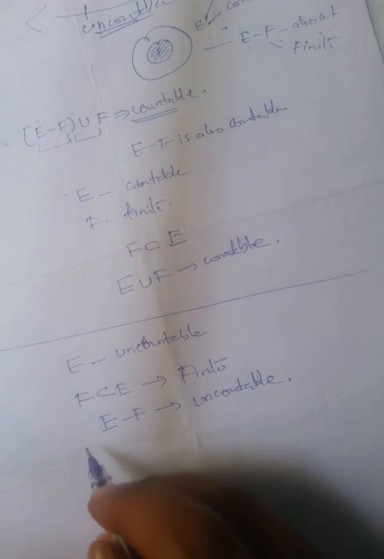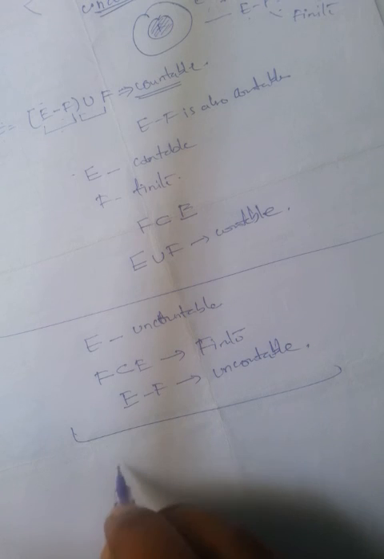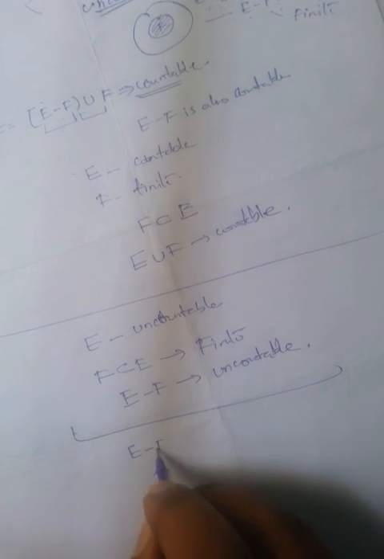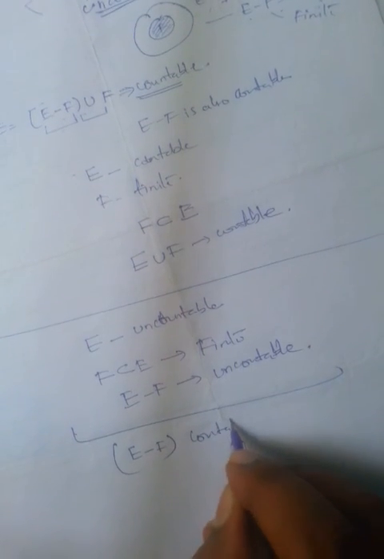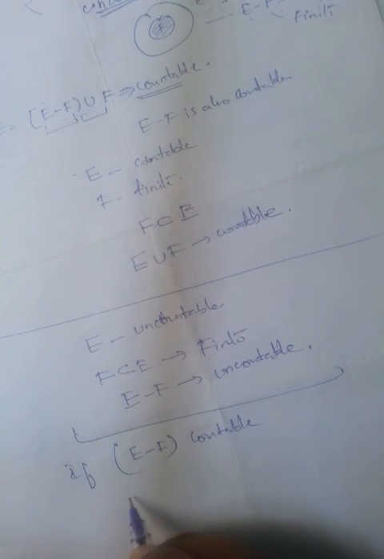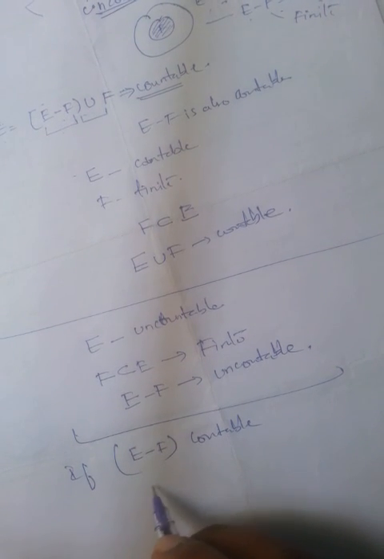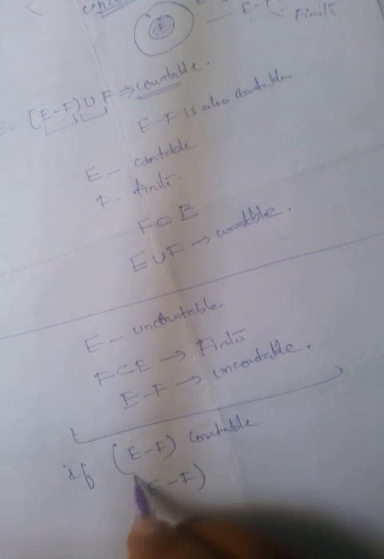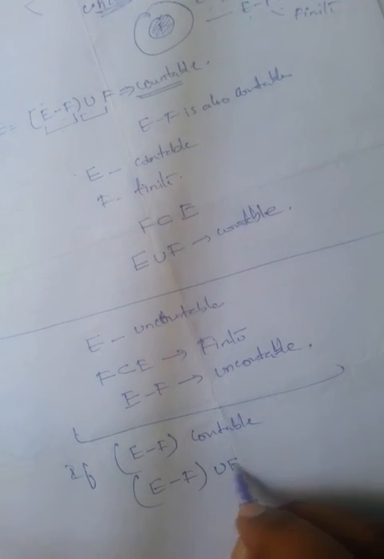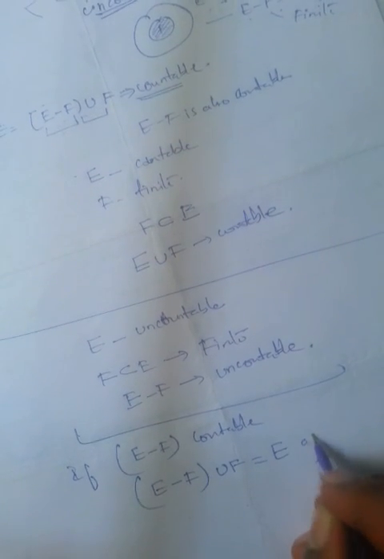So we are proving it conversely: if E minus F is countable, then that means E minus F union F, equal to E, is also countable.